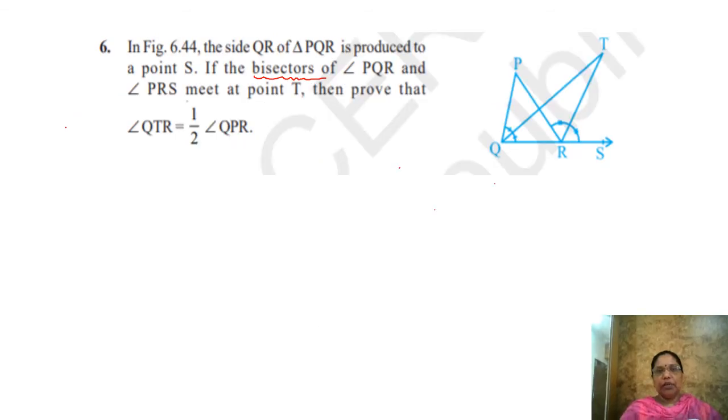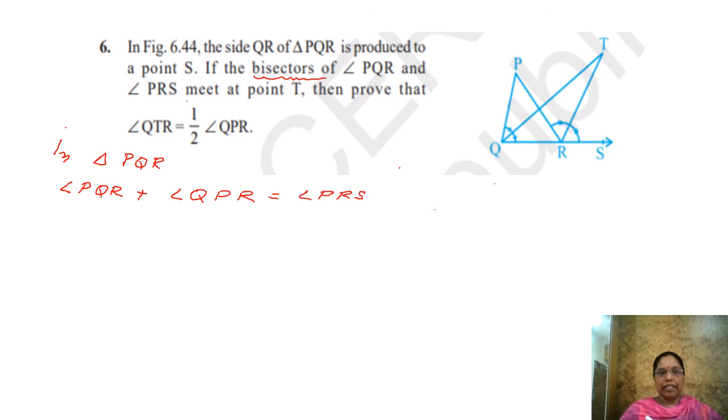Question given, you have to show that half of angle P is equal to angle T. So what we are taking first in the big triangle, triangle PQR, is angle PQR plus angle QPR is equal to angle PRS.